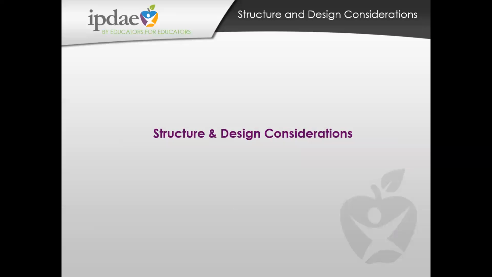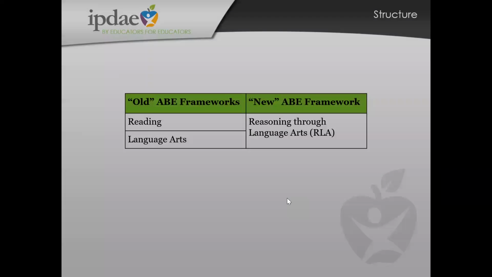All right, let's dig into a little bit of the structure and design. As I mentioned, the organization and terminology of the new frameworks follows that of the K-12 BEST standards. There used to be two ABE frameworks, reading and language arts.